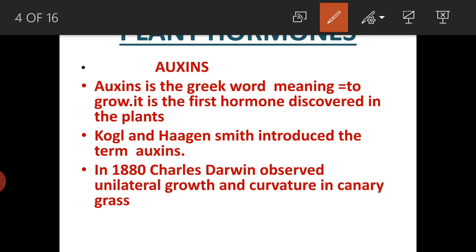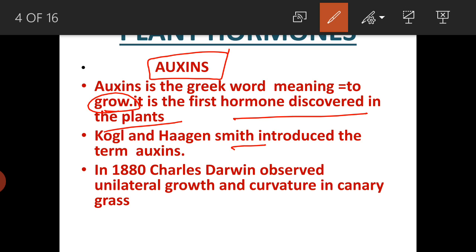Now let's see about auxin. Auxin is a Greek word which means to grow, and it is the first hormone discovered in plants. Coates and Smith introduced the term auxin. In 1880, Charles Darwin, while doing his experiment on canary grass, observed that the plant bends towards the sunlight.